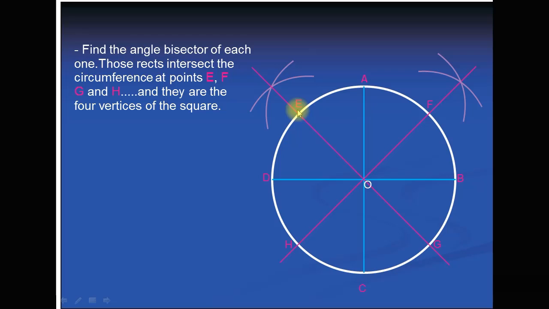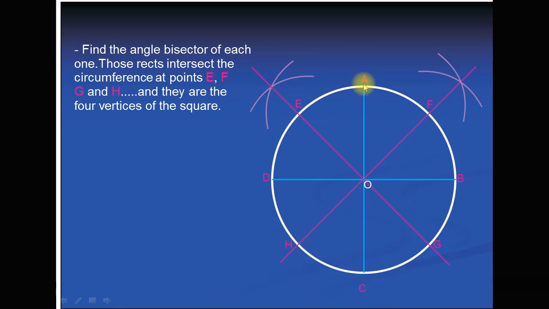So how to draw the bisector of this angle? Open the compass and put the compass at point A and draw an arc, and then put the compass at point D and draw another arc. These two arcs touch each other at this point, and then connect this point to the point O. So to draw the angle bisector of this 90 degree angle, open the compass about some radius, and the radius will be greater than half of this arc.